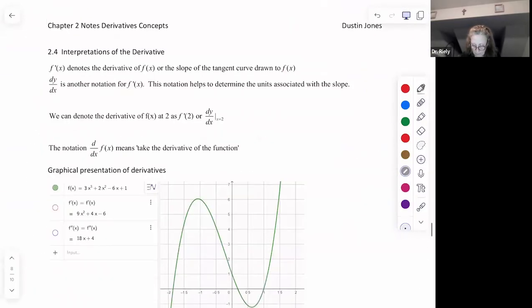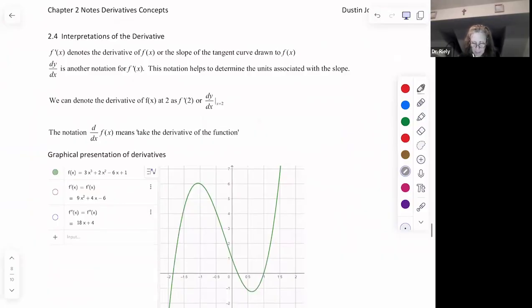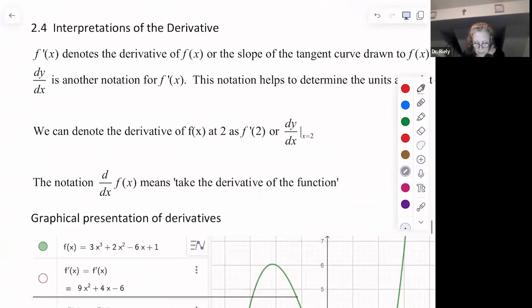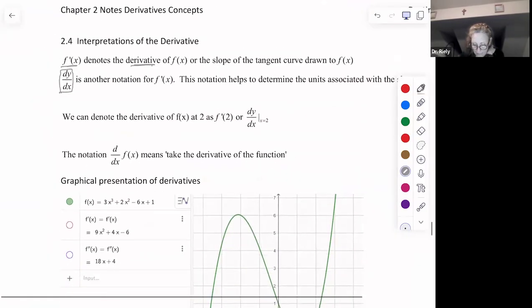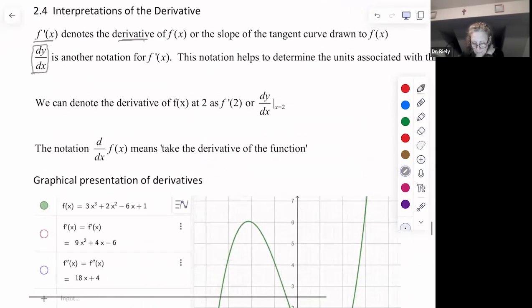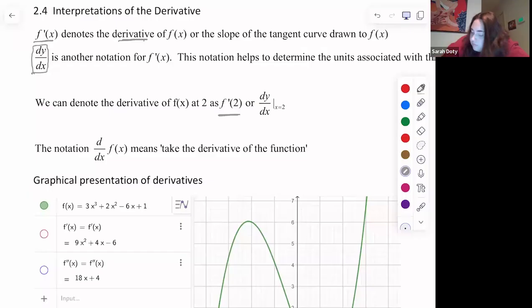Okay, so then they do some more of this, and they give you some more notation. So I've been using f prime of x as a derivative, but another way to do it is to call it dy dx. And then you can also do this. When I took a derivative at a certain x value, I wrote that, but you can also write this.